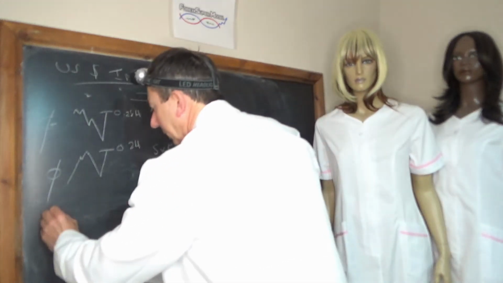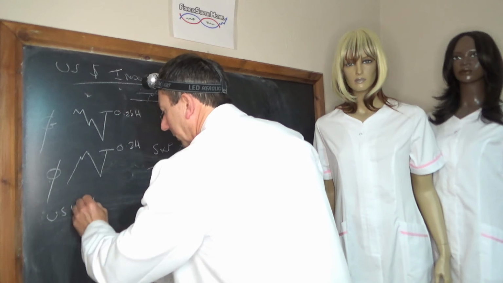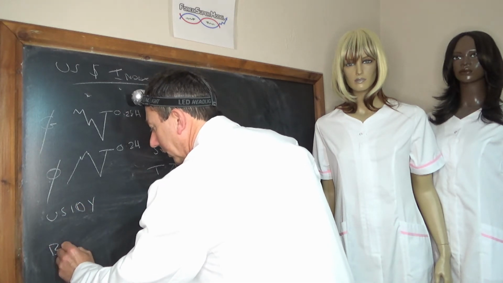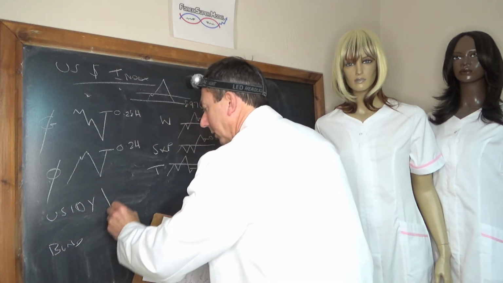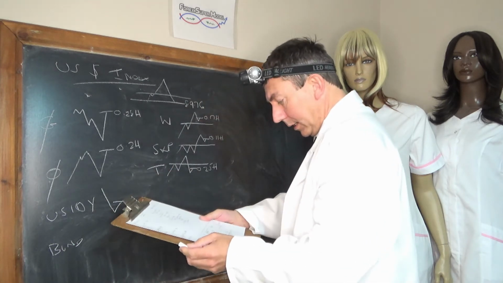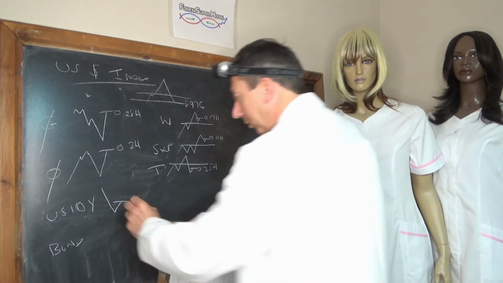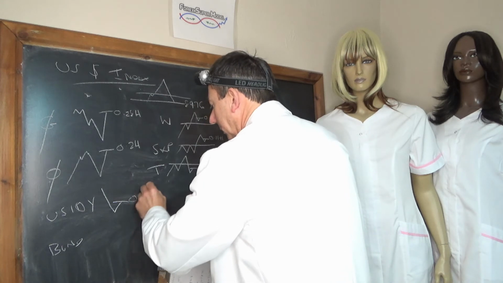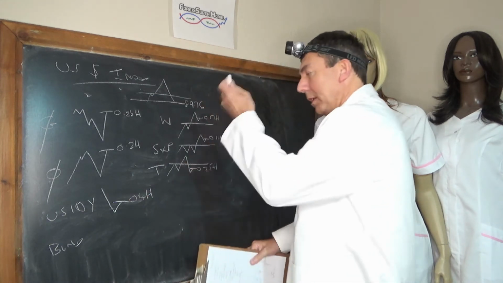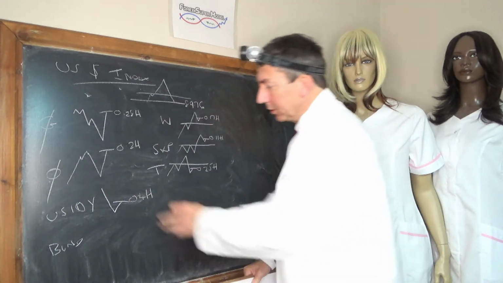Then you've got US 10-year on the bonds and the bund. Right, so the US 10-year, what's it doing? It's 0.4 from the high. So there's been a bounce off, because this is the price.